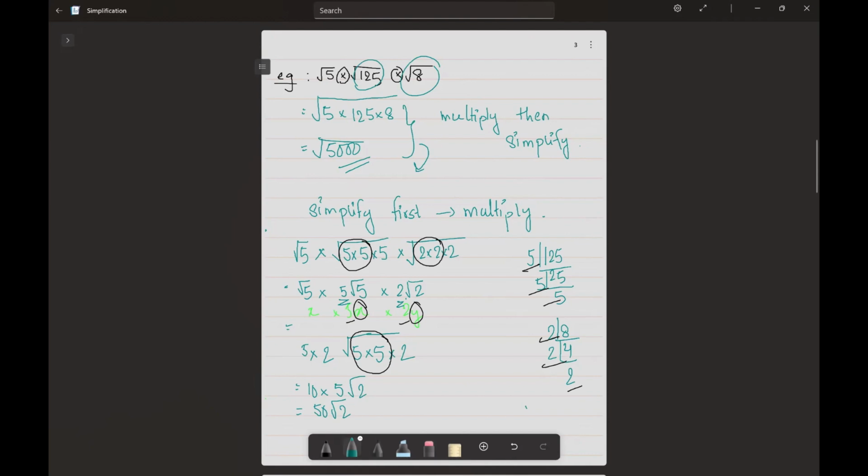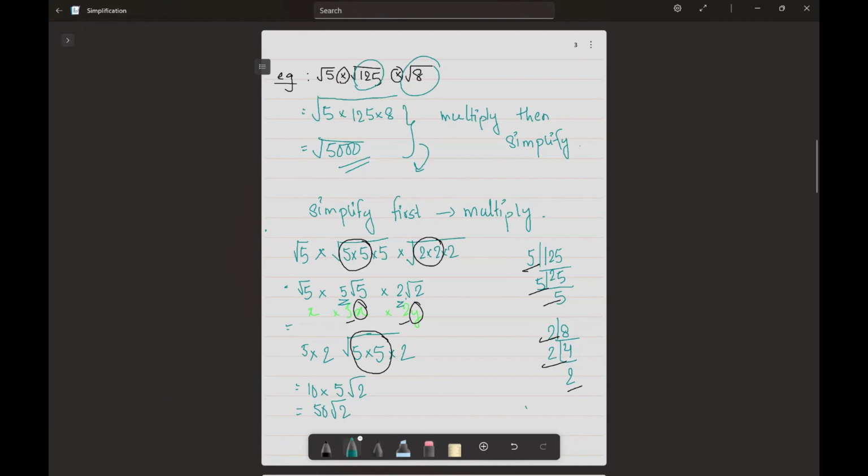So root 5 here is simplified. 125 is simplified as such. And root 8 is written in this manner. For this, we have found out the prime factorization first and then simplified. Now, the problem with the first one was that if we multiply first, we get a very big number.